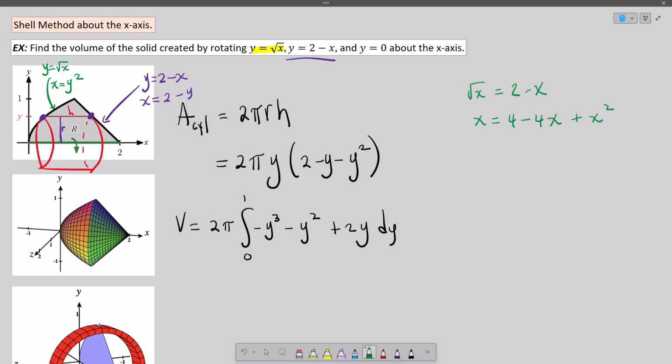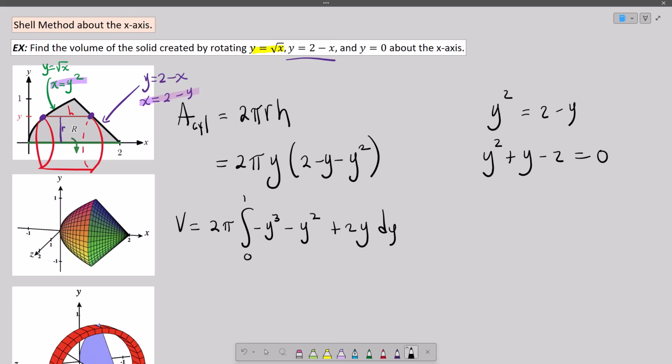Although, technically, I actually want to be doing the y's equal to each other. This will work, but let's actually do it with the ones that we generated. We're trying to find a y limit of integration. If we set these two x's equal to each other, this will give us the y value. The other one will give us the x value, which we could then plug in to get the y value, but this will be more direct.